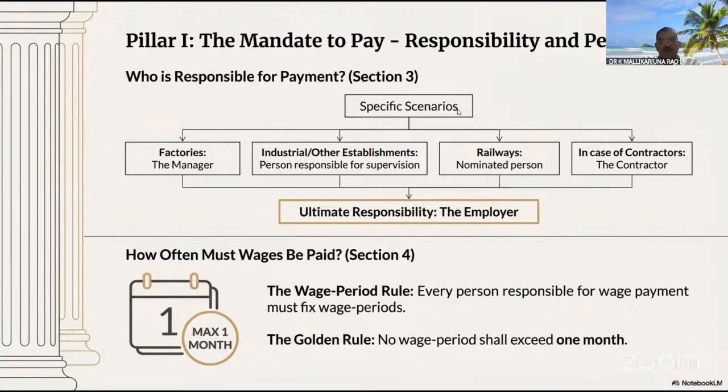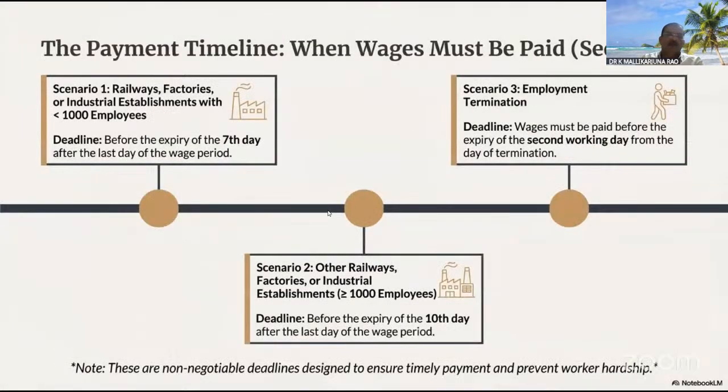We have to pay salary every month. We can't say that I will pay salary consolidated once in 3 months. No, it is not permitted under this Act. They would be punished. So the maximum is 1 month, as per Section 4 of this Act. Then, when must the wages be paid?